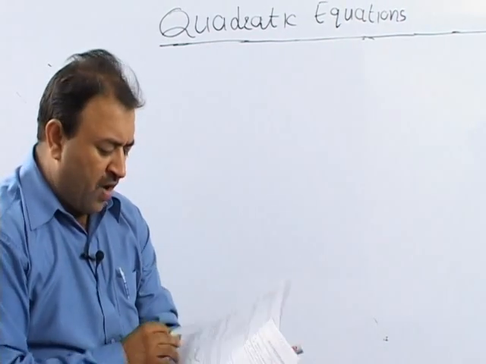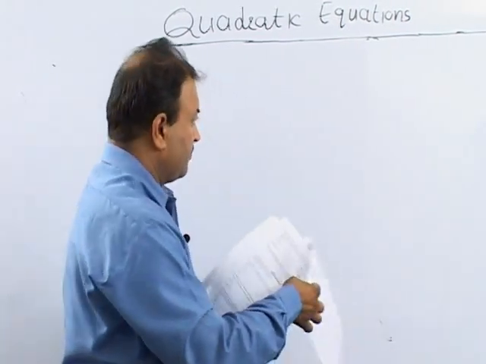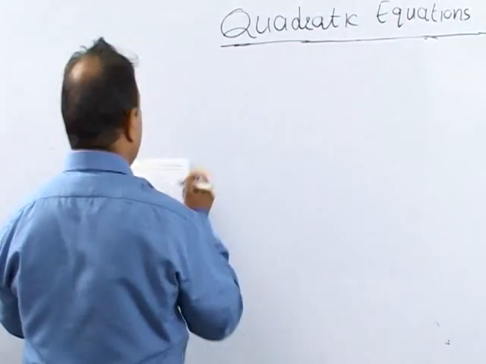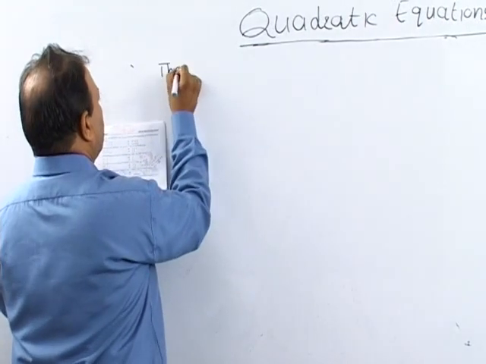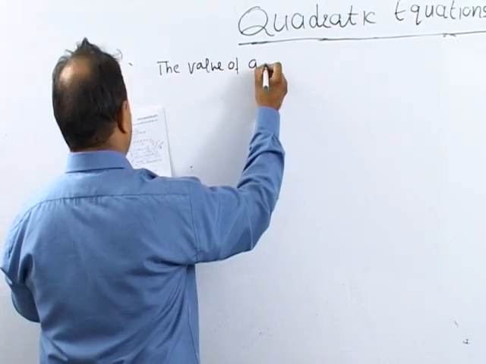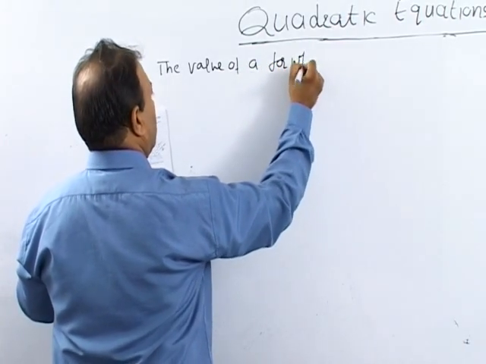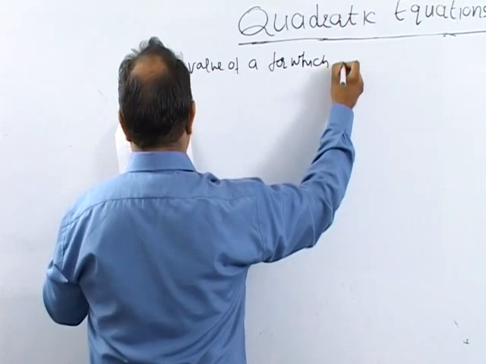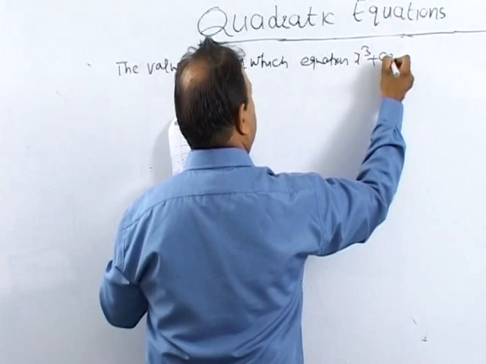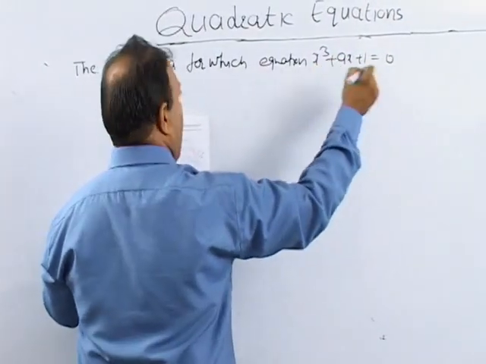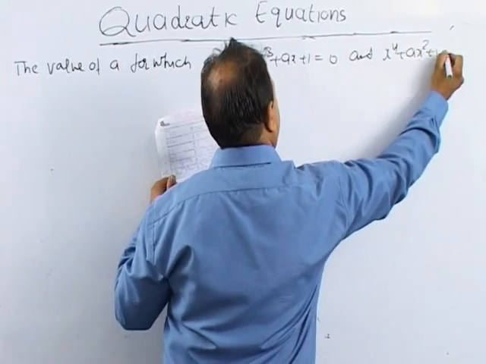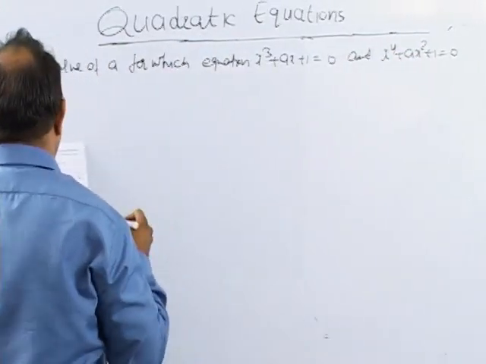The next question of our booklet is: find the value of a for which the equations x cube plus ax plus 1 is equal to 0 and x4 plus ax square plus 1 is equal to 0 have a common root.